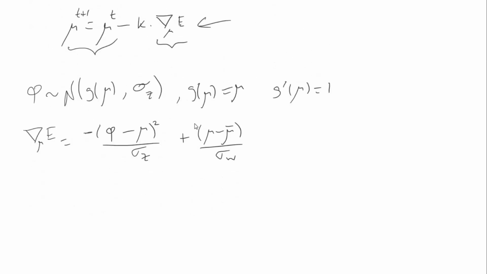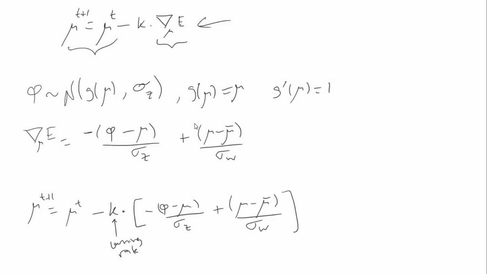And so if we want to write the full gradient descent, it just looks like this. Okay, here's a learning rate. Plug in this sensory prediction error, and actually it's not squared. It's not supposed to be squared. So this is going to be the expression.